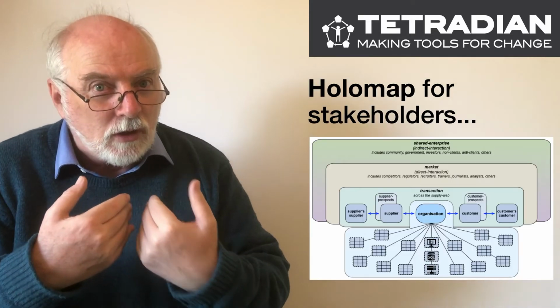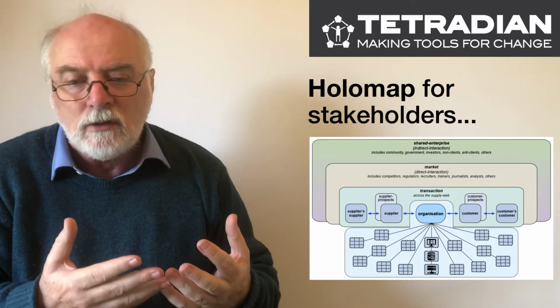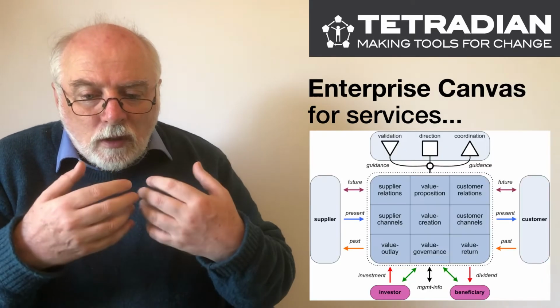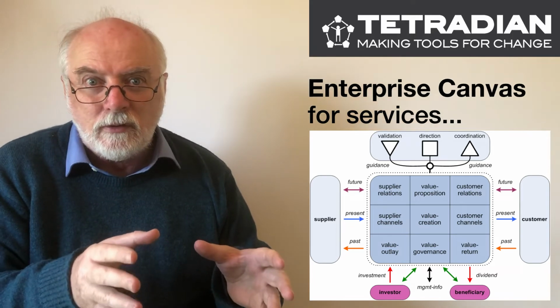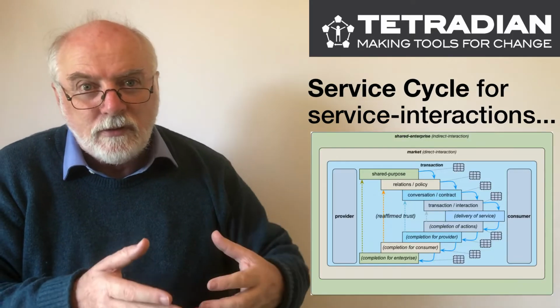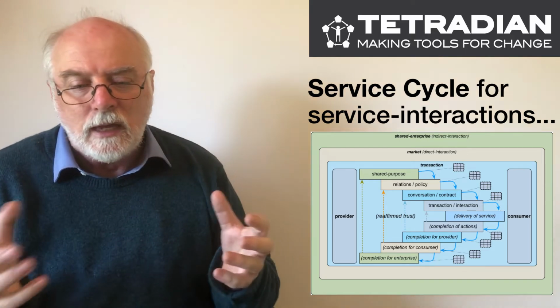I've used the tool called the HoloMap, which is understanding an idea of context and stakeholders in that context. Looking at the services for which I would use Enterprise Canvas as a tool, and the service cycle about connections between services and what's needed to make that all work.